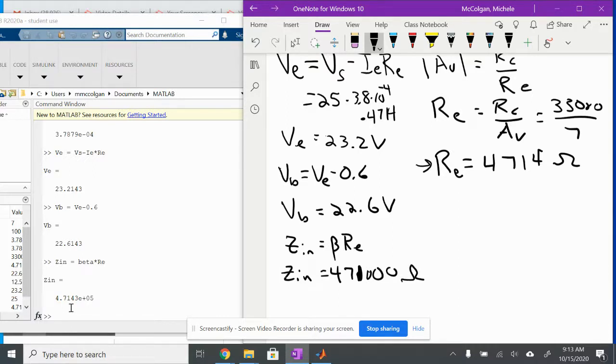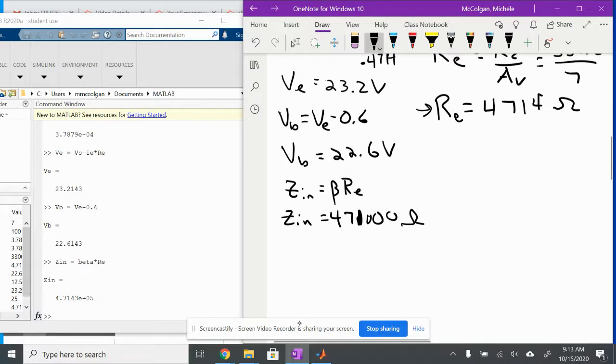And now to find R2, here we can say R2 is equal to 1/10 of Z in. So Z in over 10. And so that means R2 is going to be equal to 47,000. 47K.